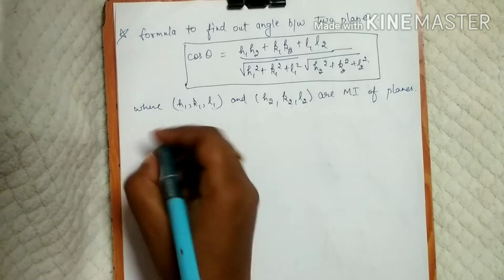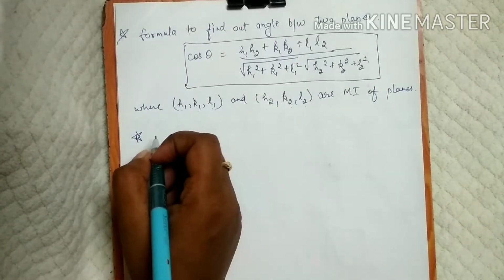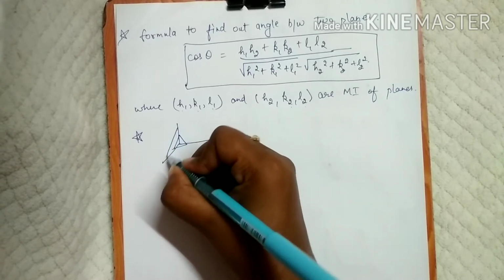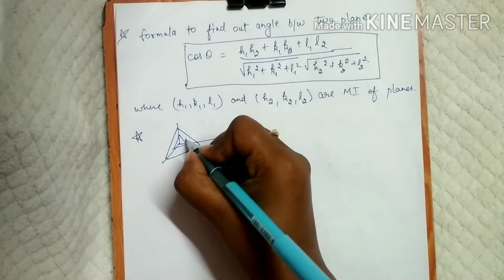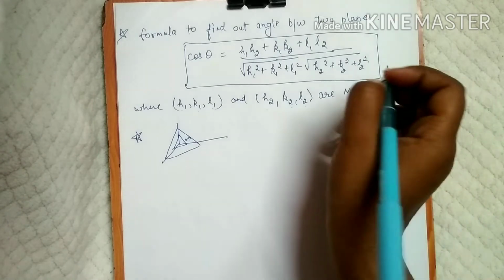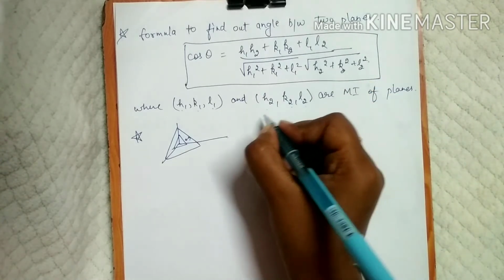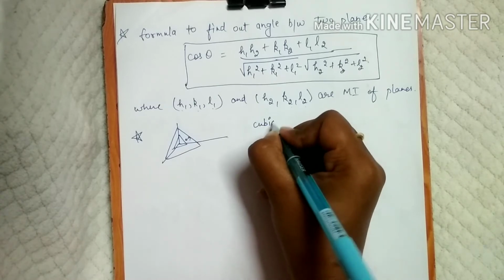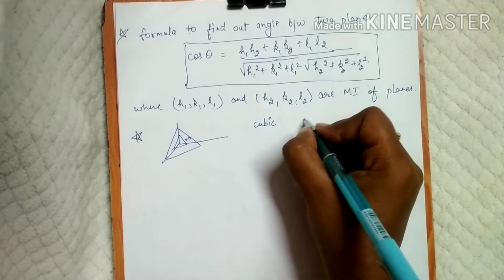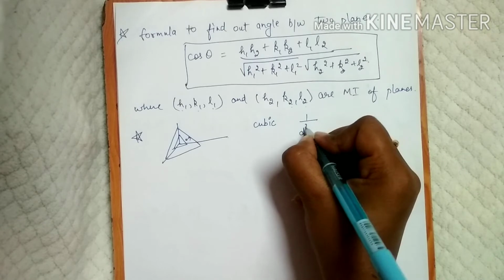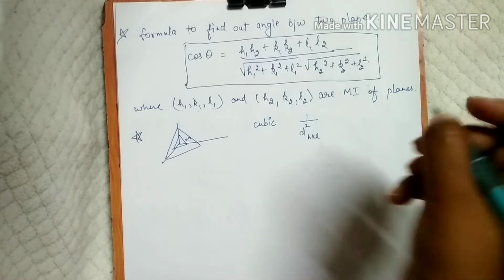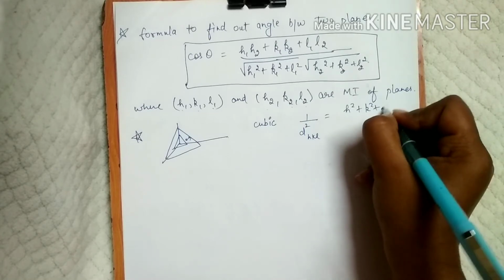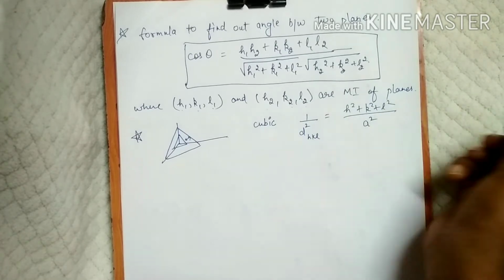Next, if you want to find out the interplanar spacing between two planes, suppose you have been given two planes like this and this, then there is also a formula. If the plane is cubic, then the formula is 1 upon d square of the hkl plane equals h square plus k square plus l square upon a square.